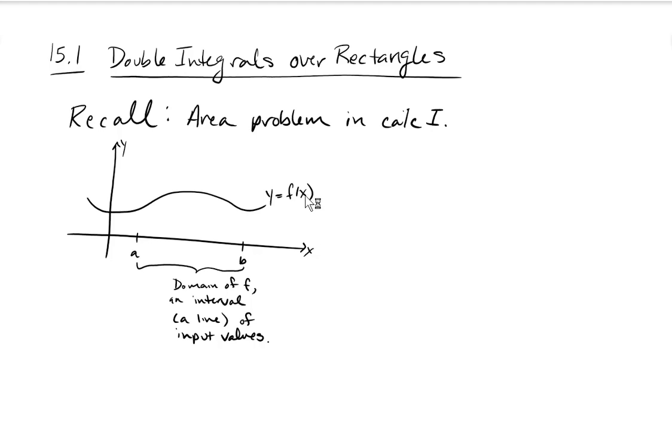We have this function. In Calc 1 we said, to figure out the area under this curve, we would take the integral from A to B. But what did that mean? If you remember how we defined the definite integral from A to B, it meant we chopped this interval of values into n pieces.